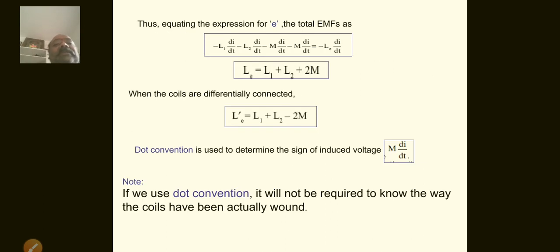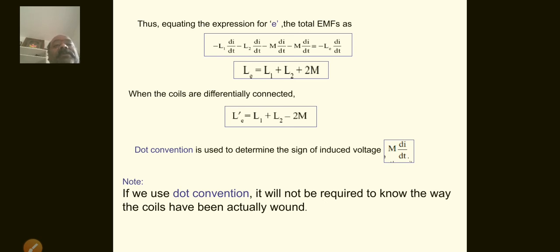Equating the expressions for the total EMFs: minus L1 di by dt, minus L2 di by dt, minus M di by dt, minus M di by dt, is equal to minus LE di by dt. Therefore, the effective inductance LE is equal to L1 plus L2 plus 2M.